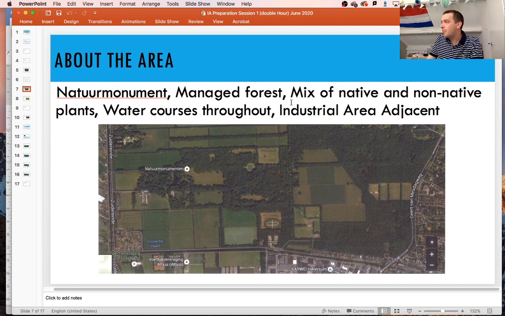It's an area of managed forest with a mix of native and non-native plants. There are watercourses throughout, there are paths throughout, there are trees, benches, picnic tables, there are all manner of different interruptions in this space.